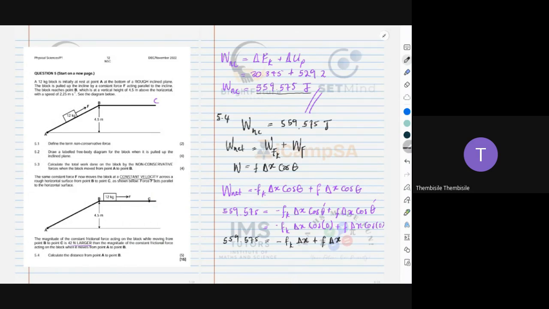So since this is the same, I can say F minus Fk all times the displacement, just factoring out the displacement. Okay, do you understand? Then we can just say this is our equation 1.